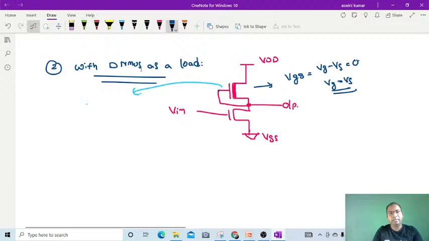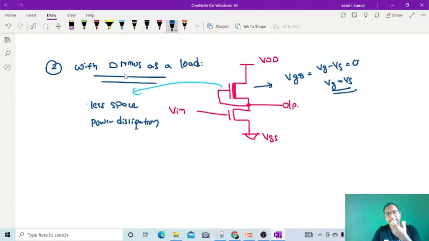But the depletion MOSFET will be continuously in the on state, so due to its continuous on state, the power dissipation remains the same, that means power dissipation will be more. So comparing with the previous case, out of the two drawbacks, one drawback is eliminated, but still one drawback is there. Fine. Next, go to the third one.